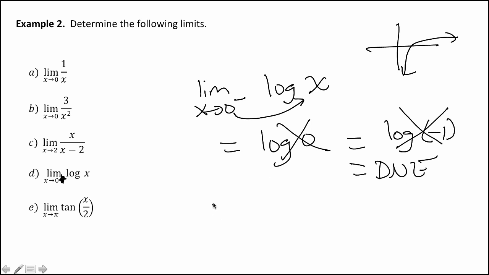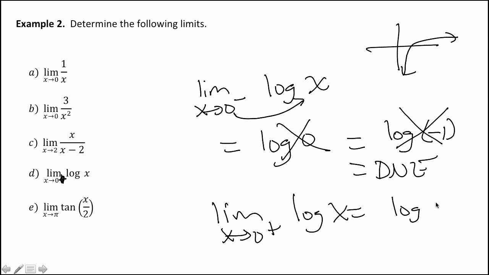If you were to do it from the right side, then if you plug in log of half, for instance, right? Log of half, then remember what we talked about earlier, log of half is the same thing as negative log 2. Which means it's a negative number. If you take a log of a fraction that is smaller than 1, you're going to get a negative number. So this is going to be negative infinity.